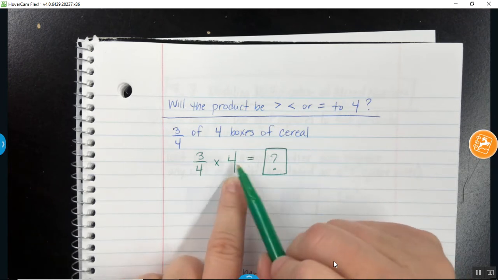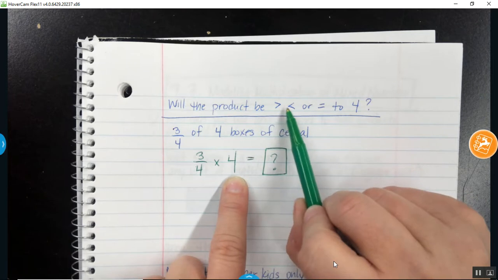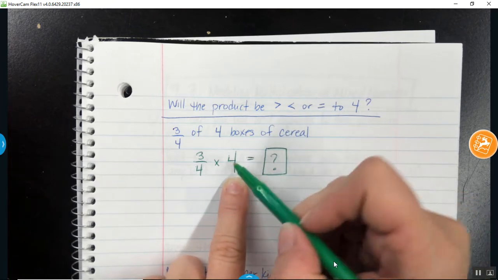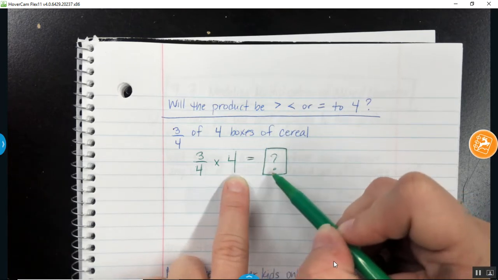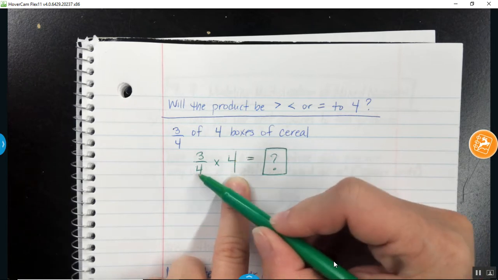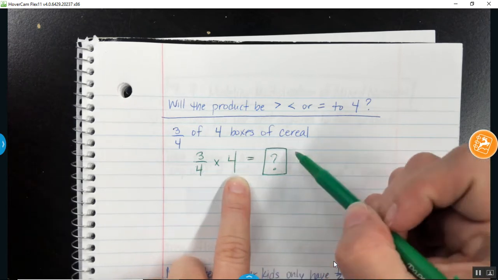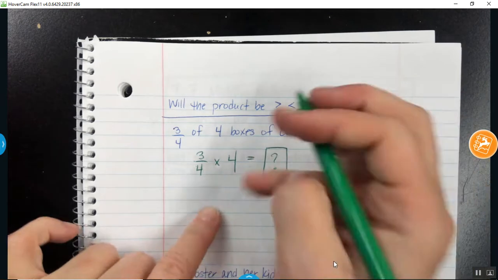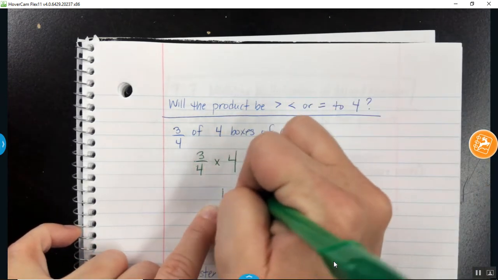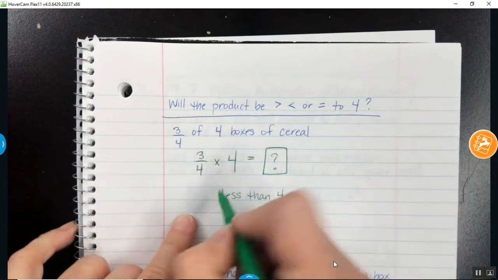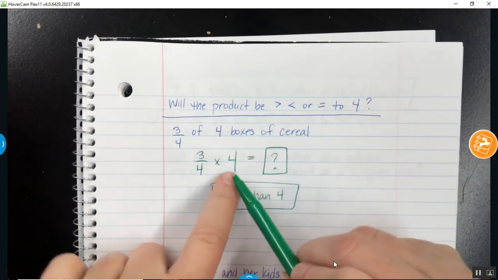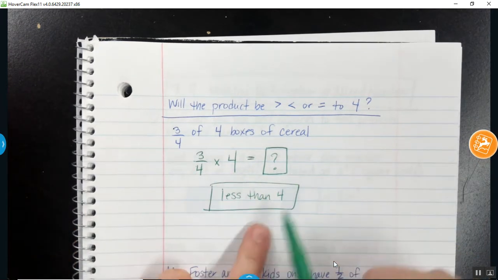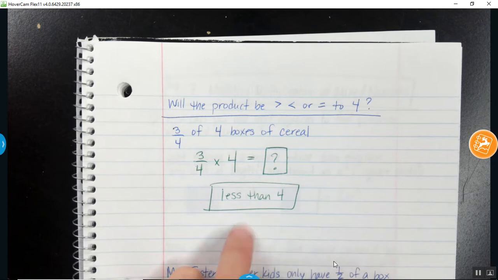So will my answer be greater than, less than, or equal to 4? If I multiply 4 times 1, I get 4. If I multiply 4 times less than 1, I will get less than 4. So this will be less than 4, because I'm not multiplying it by a whole 1. I'm multiplying it by something less than 1. So the answer, or the product, will be less than 4.